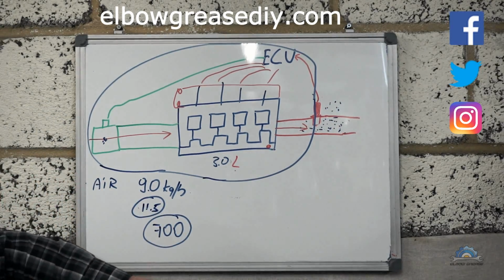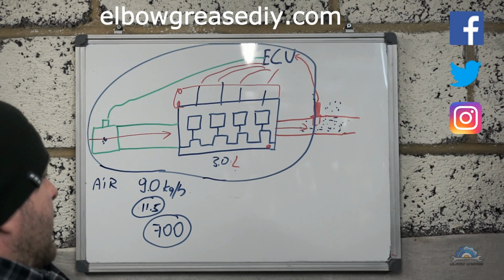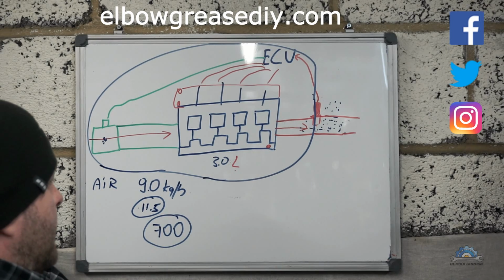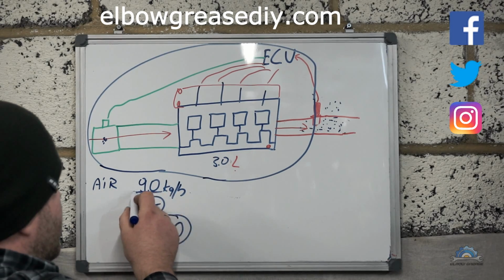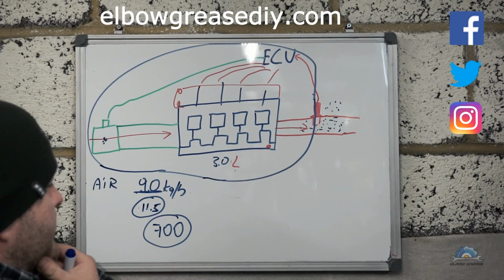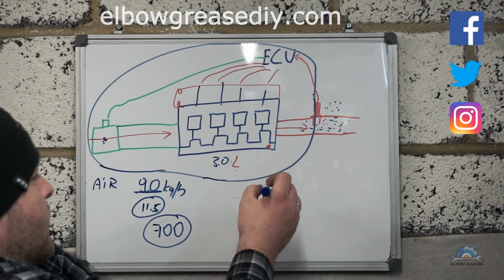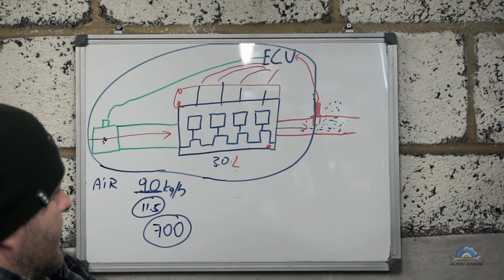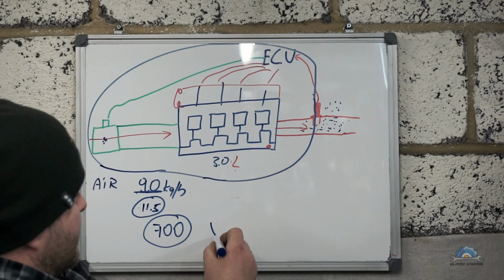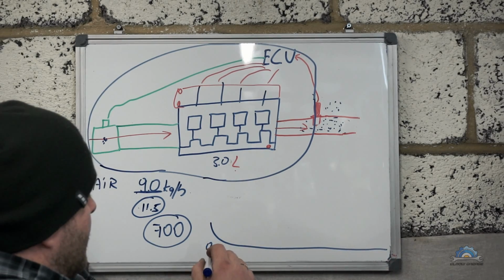So the O2 sensor is saying that we have a lean condition, because the amount of air is bigger than what is actually read by the ECU, but the amount of fuel is smaller. So we got a lean condition, and our reading on the O2 sensor is going to be low, for example, 1.0 volt.